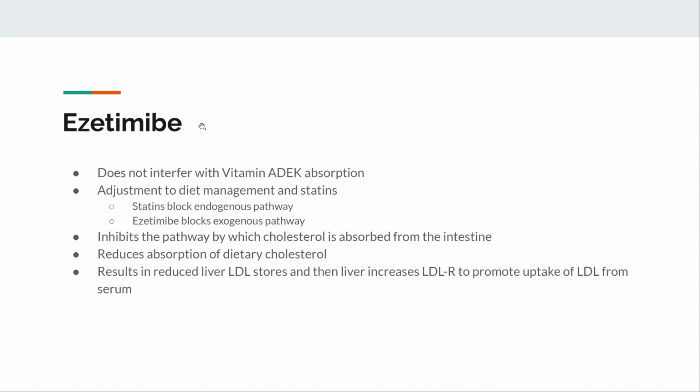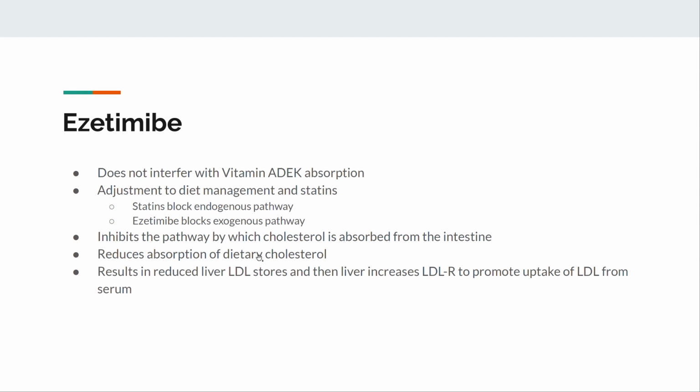Ezetimibe is a smarter version of that that doesn't interfere with fat-soluble vitamin absorption. And it can be done in addition to statin therapy, where statins will block endogenous synthesis and ezetimibe will block exogenous reabsorption and absorption from the diet. It blocks the actual pathway by which cholesterol is absorbed in the intestine.